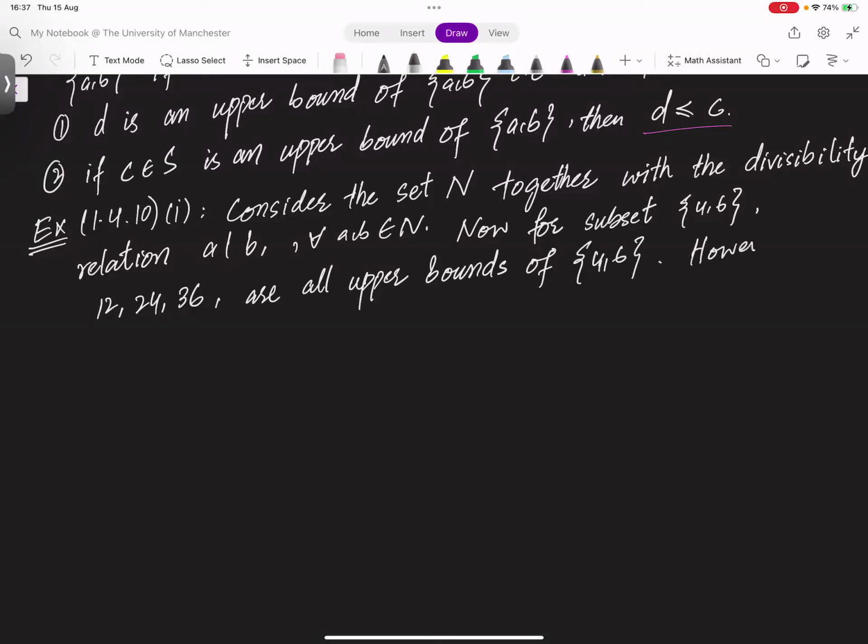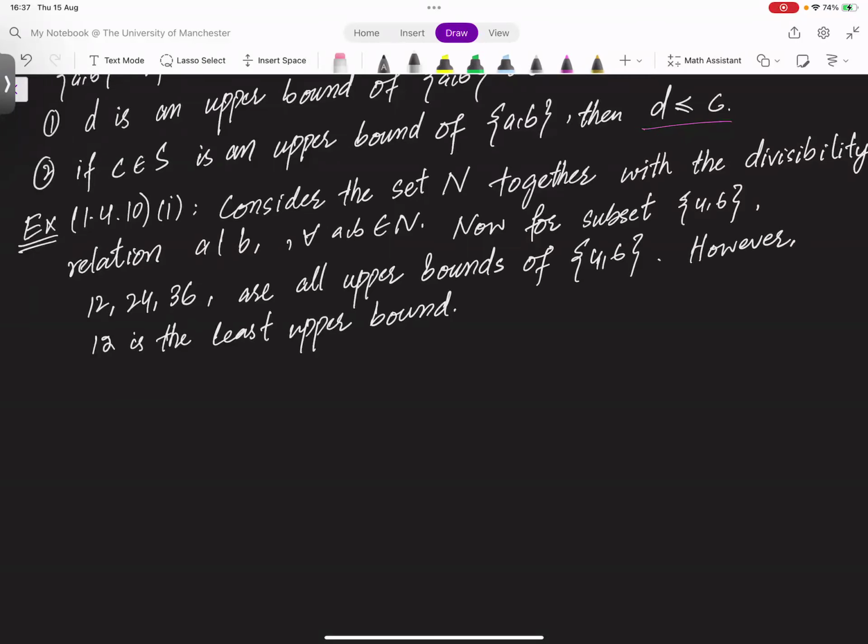However, 12 is the least upper bound of the set {4, 6}.